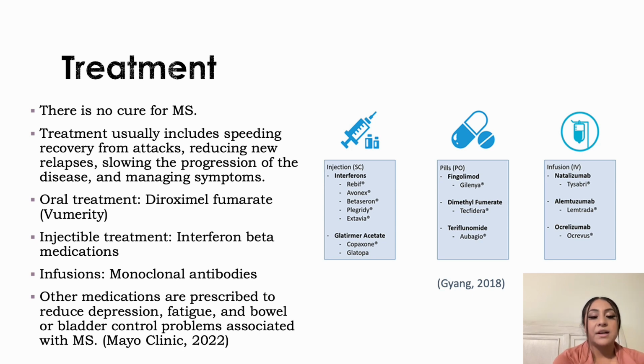And other medications that are prescribed are usually prescribed to reduce depression, fatigue, and help with bowel or bladder control problems that are associated with MS. And the picture here shows you the type of injectables that they have for MS, and next to that they have the pills, the ones that they take orally, and then the last one are the infusions that are available either to help ease the symptoms or to help slow down the MS.